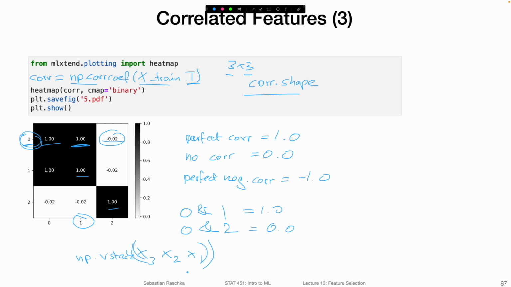So this feature here, the feature with index 2, is our random feature. Let me use a different color. So this is our random feature. And for our random feature, we would expect that it is not correlated to feature 1 or feature 0. However, these two are correlated with each other, right?